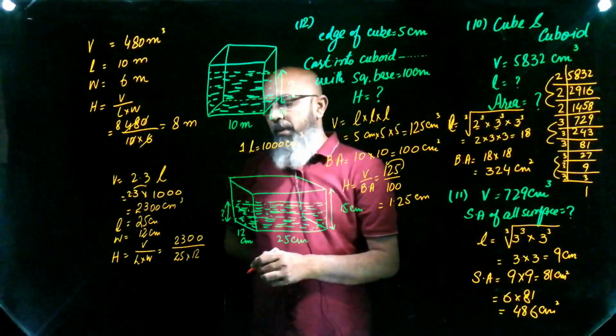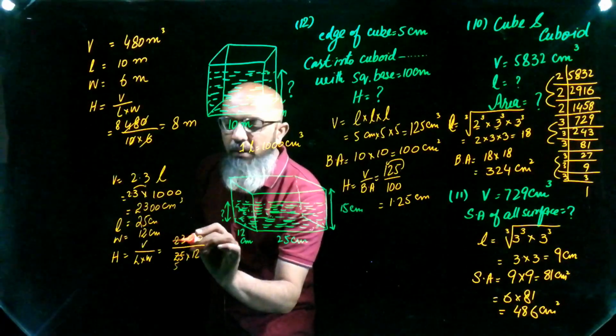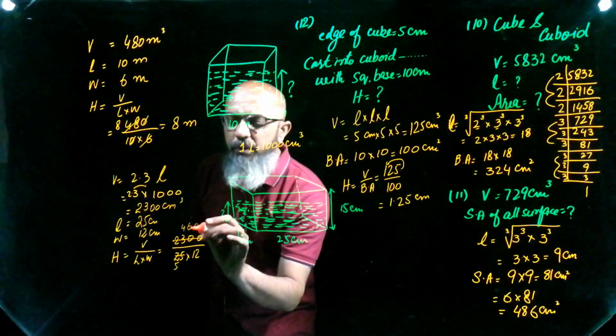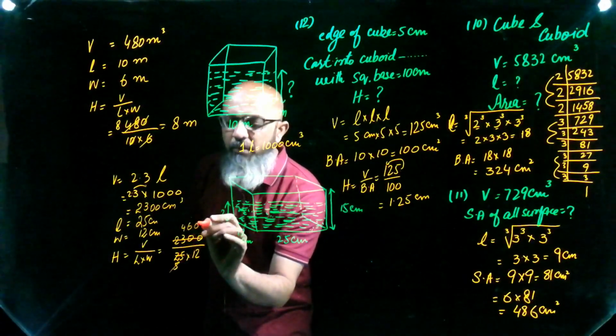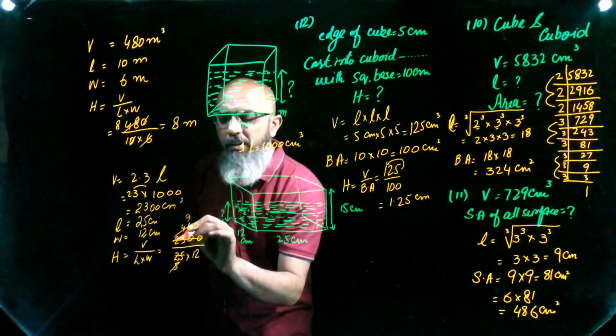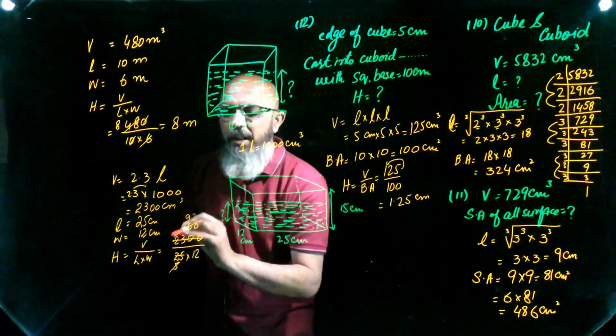Now you can simplify it with the table of 5. 5 5s are 25, 5 4s are 20, 5 6s are 30, and 500 again with the table of 5. 5 9s are 45 and 5 2s are 10.